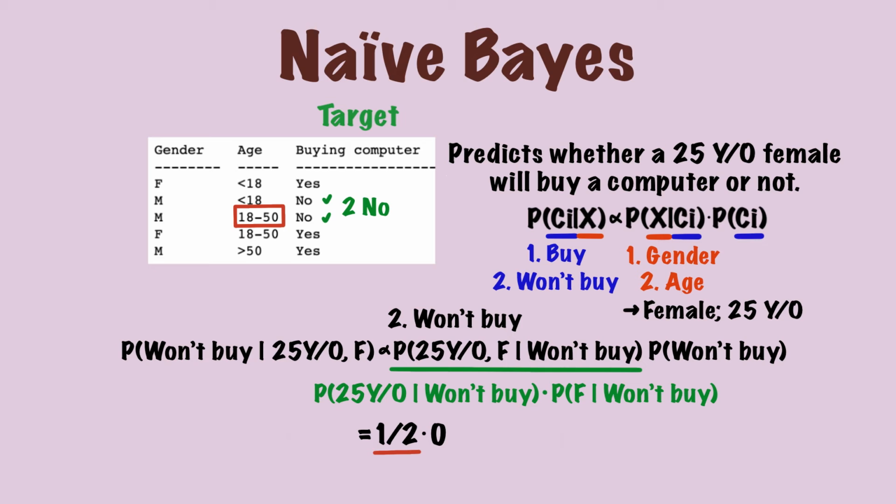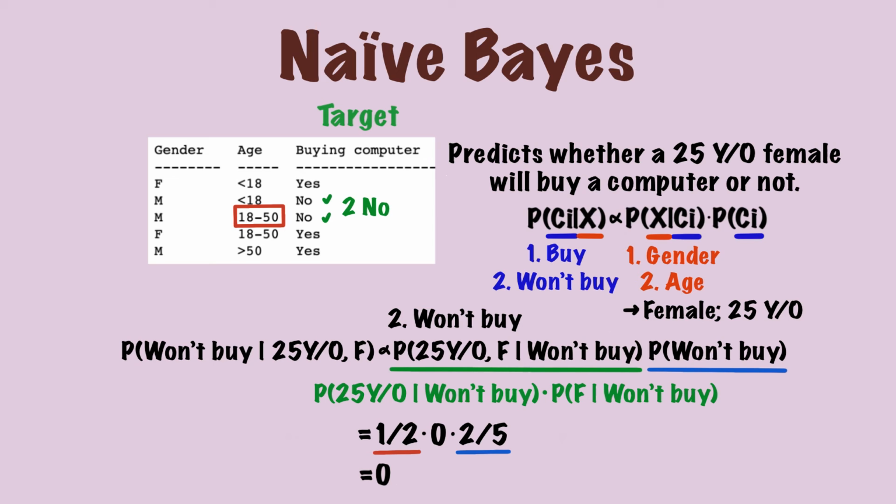Then, the probability of female conditioned on won't buy computer is 0, since both the people who don't buy a computer are male. Last, the probability of won't buy computer is 2/5, because 2 out of 5 people in the database don't buy a computer. Thus, the conditional probability is 0.